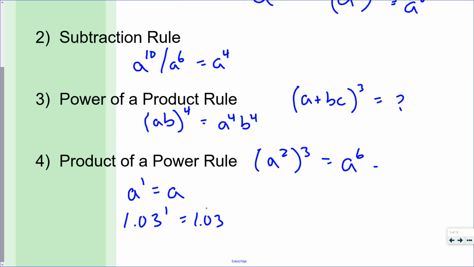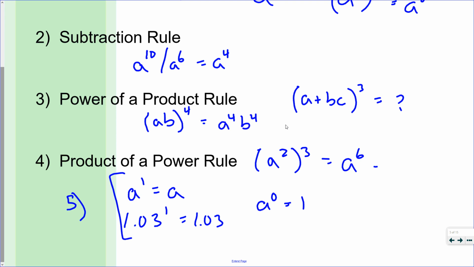What that means is, if you have an account that gains 3% interest, and that's what the 0.03 represents, and it's in the account for 1 year, your account is 3% bigger. I know, duh, right? And a to the 0 power is equal to 1. So if you have money that's in the account for no years or no time, it's got a multiply factor of 1, which means your money hasn't grown, but it also hasn't shrunk either. Again, pretty obvious cases there. And I'll separate that out as number 5.